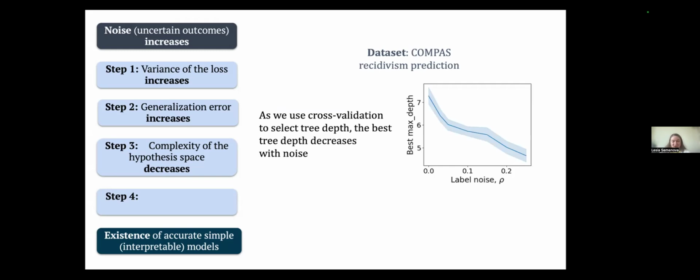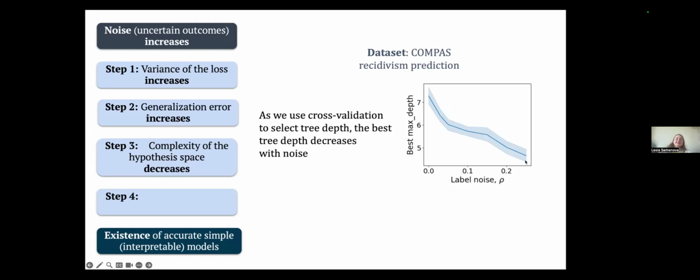So now instead of fixing the depth of the tree, I will say, I allow you to be anything from depth 1 to depth however much you want. And I will use cross-validation in each step to choose the best depth. What happens then, as I plot my label noise on the x-axis and the best depth of the tree on the y-axis, is that with more noise, the depth of the tree that cross-validation chooses actually decreases.